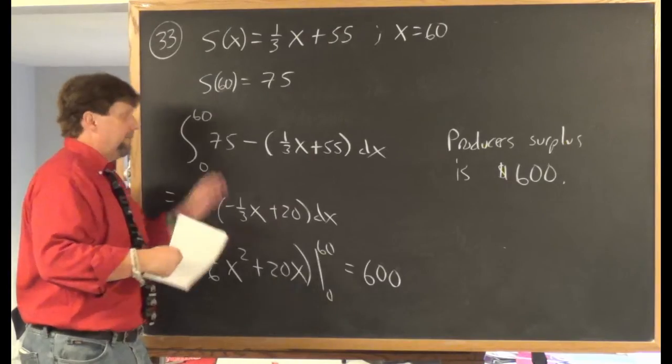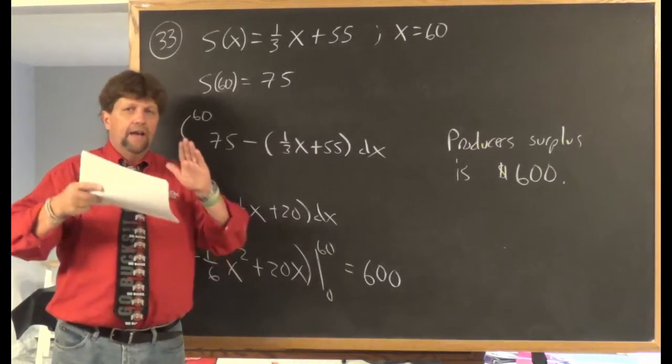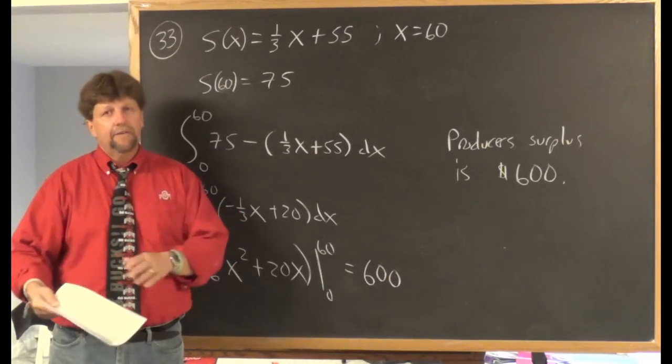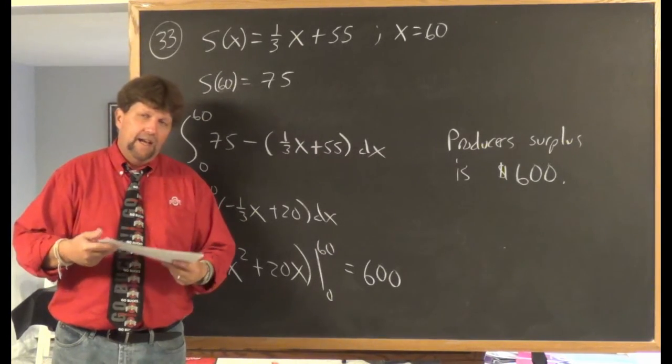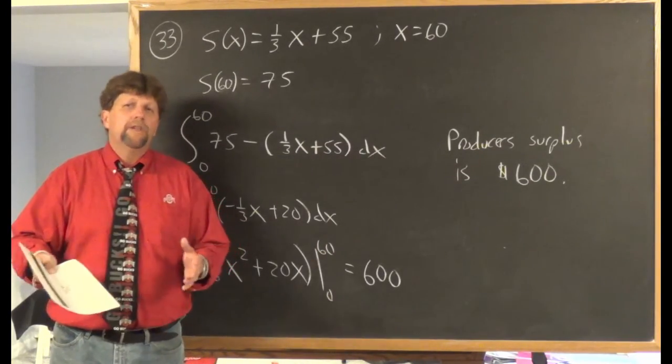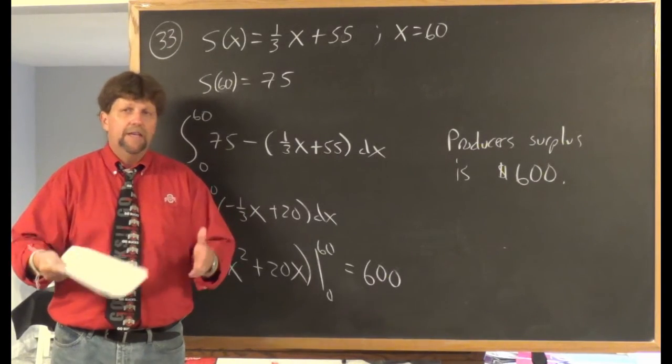I hope you're understanding how to find the producer surplus and the consumer surplus. We're going to head back to the slides now to talk about this magical point that occurs in the wonderful world of economics.